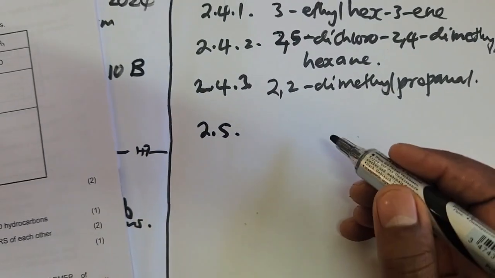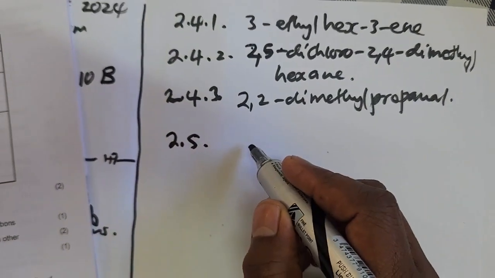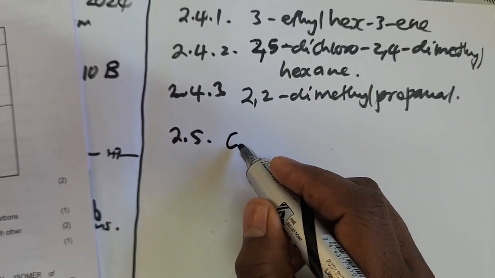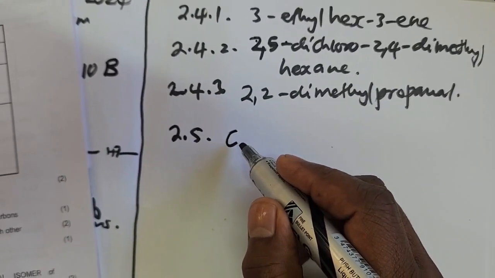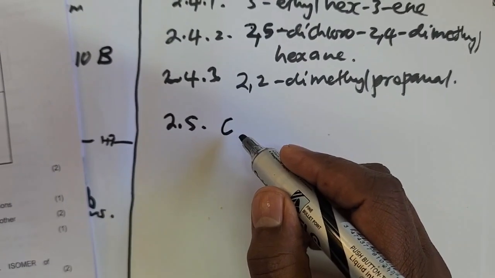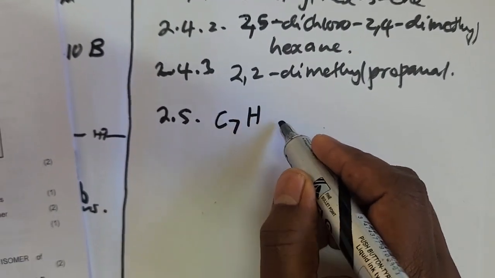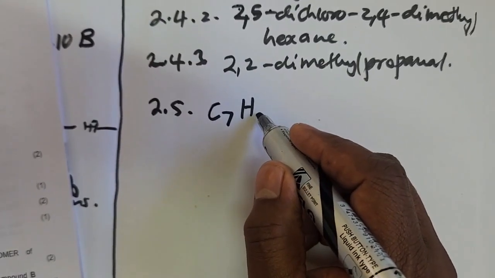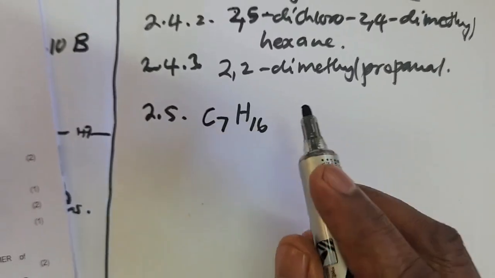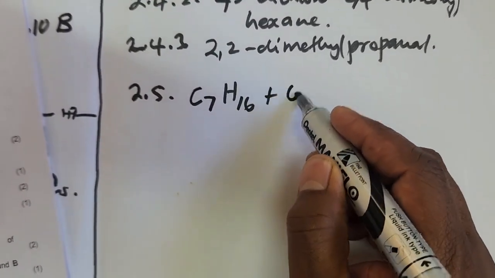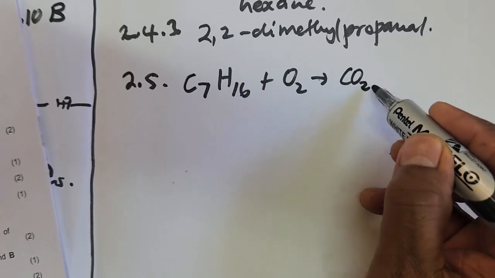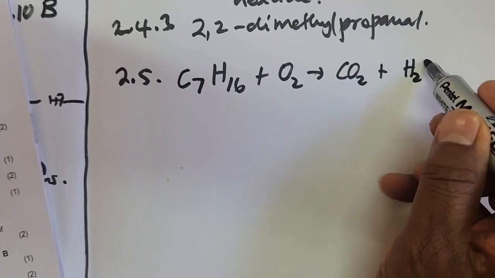This would be the case to say B, it's having 5 carbon atoms, 1, 2, 3, 4, 5, 6, 7. So 7. H7. Then it will be now, this will be 16 because it's 7 times 2 plus 2, plus oxygen forms carbon dioxide plus water.